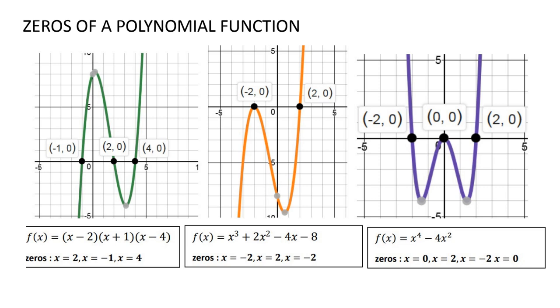Now, if you notice, the 0 over here repeats twice. So we have x equals 0 and x equals 0. That means that it's a multiplicity of 2. And then my graph is only going to touch at the 0. It's not going to actually cross it like it does at -2 and at 2.